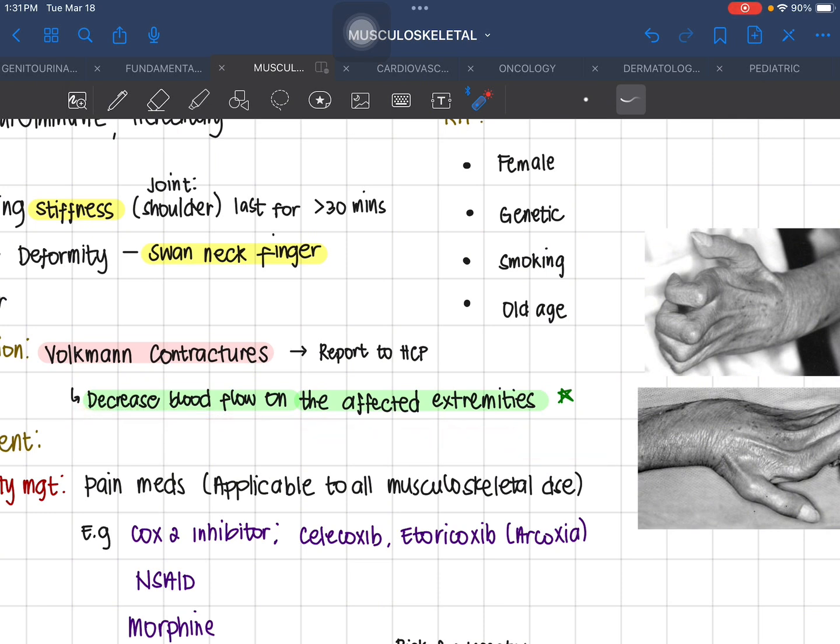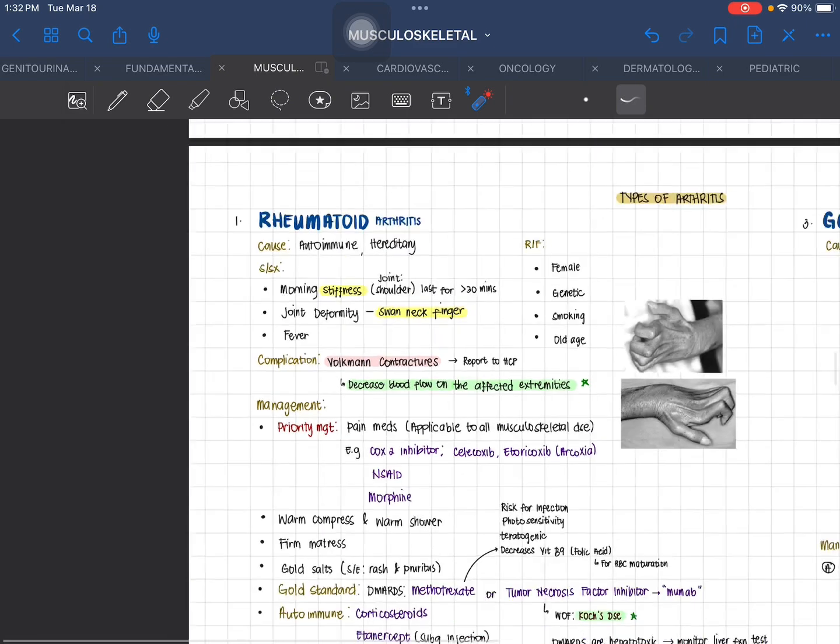Again, ito ang tatandaan natin kasi minsan hindi binabanggit si Volkmann contractures. Kapag meron ng decreased blood flow sa affected extremities, automatically report mo na kay HCP kasi circulation yun, so priority siya. Ang tawag doon sa decreased blood flow sa affected extremities ay Volkmann contractures.